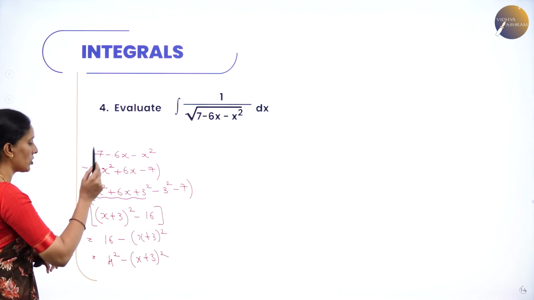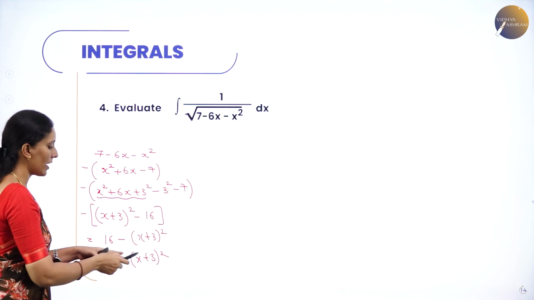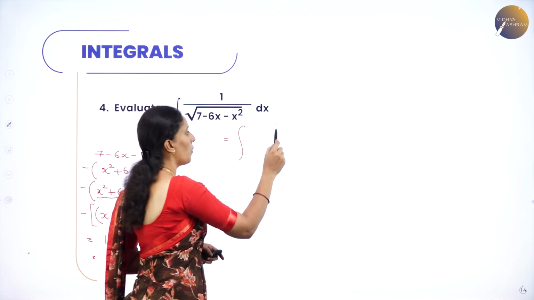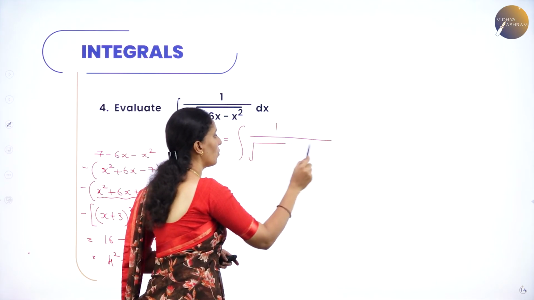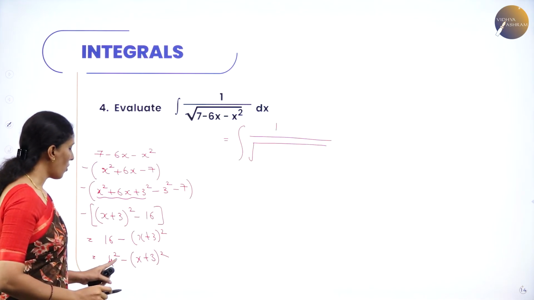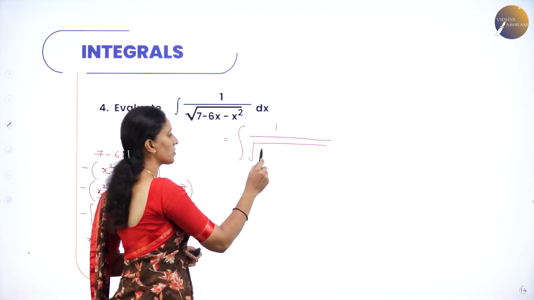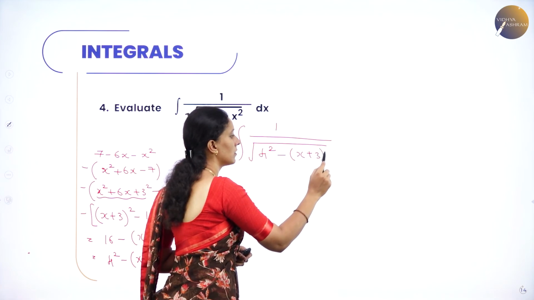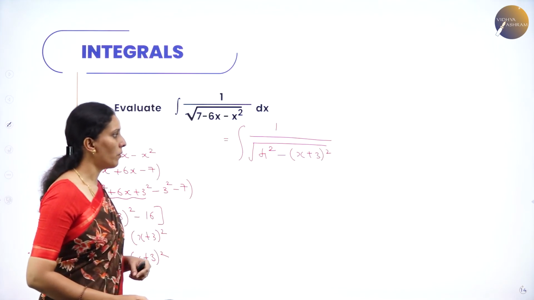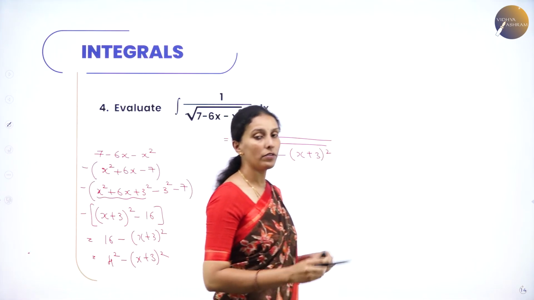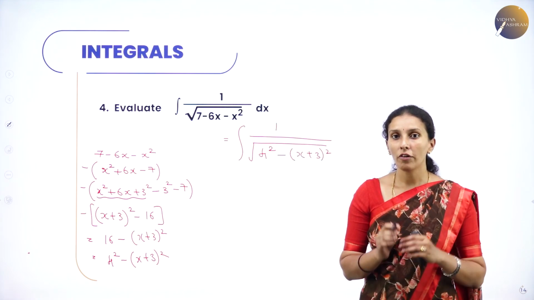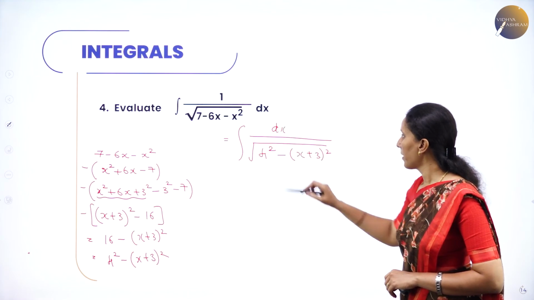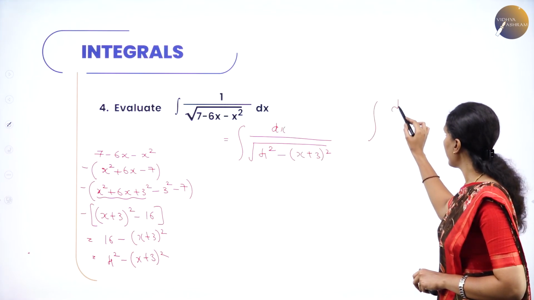Now, the integral becomes 1 divided by square root of 4 square minus x plus 3 whole square. So what is the standard form of this? This is the standard form of 1 divided by root of a square minus x square, and here we have dx. So, what is the integral of dx?